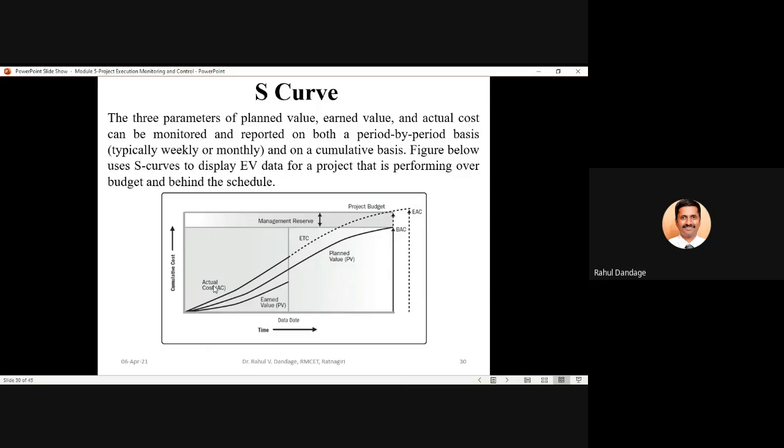Whatever the scenario, it will be helpful to determine the cost performance index, the schedule performance index, the schedule variance and the cost variance. So these parameters will all be very essential.